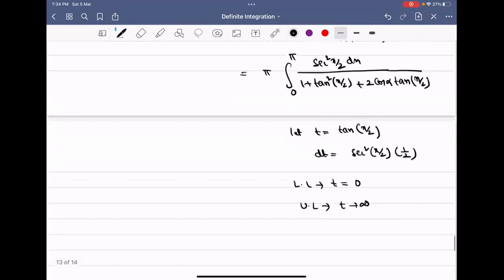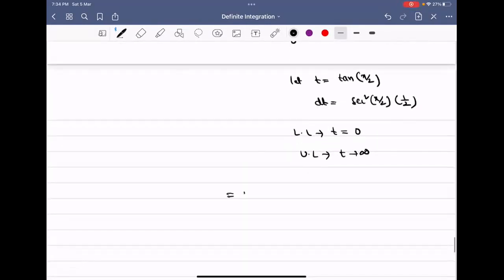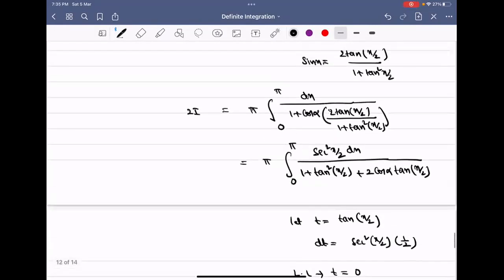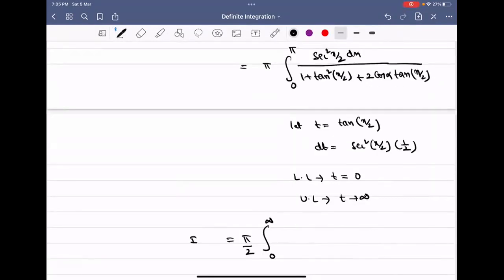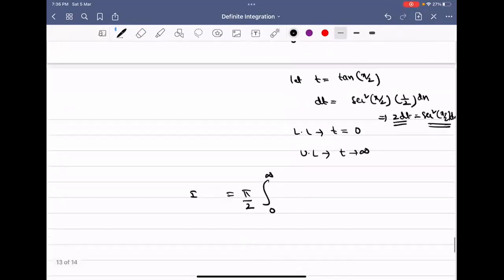Therefore 2I is equal to pi into the integration, lower limit 0, upper limit infinity. Secant square x by 2 dx is equal to 2 dt, so replace secant square x by 2 dx with 2 dt.